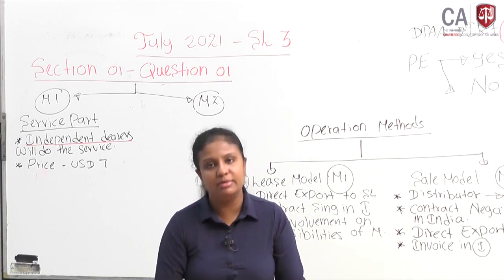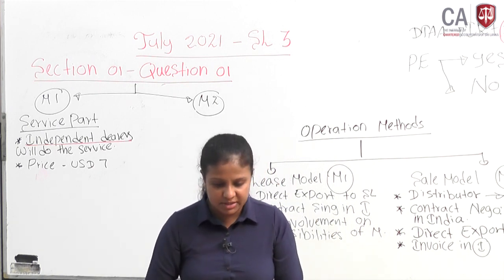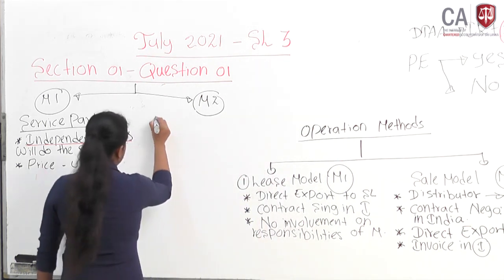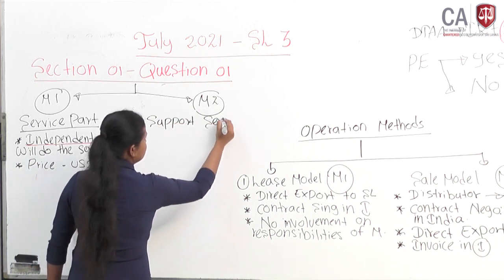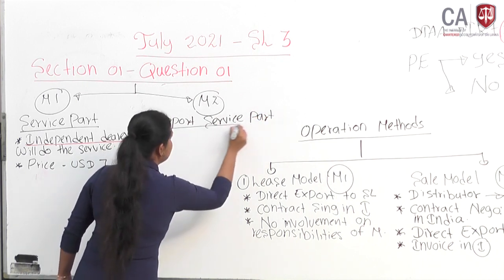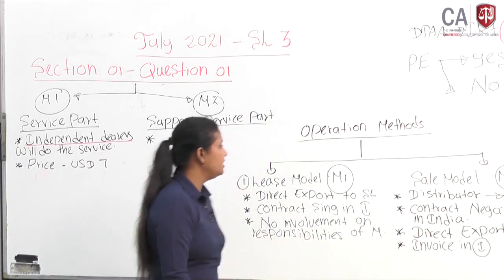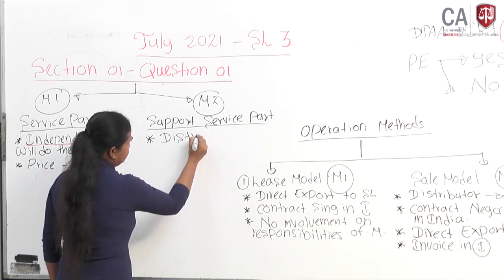Now we will come to the support service under model 2. Under model 2, such services will be provided through a distributor. In the support service part for model 2, which is the sales model, it is provided by the distributor as described.